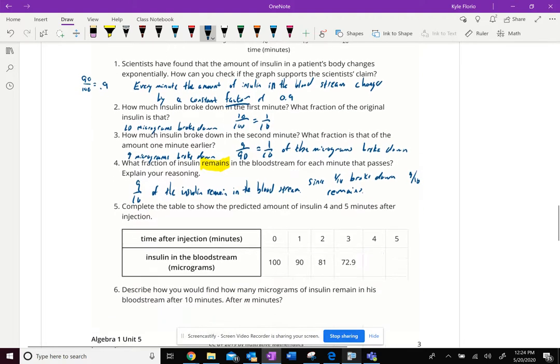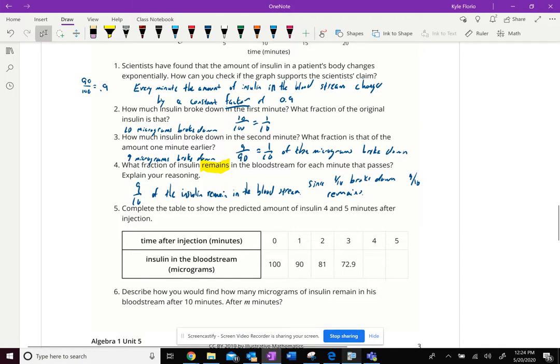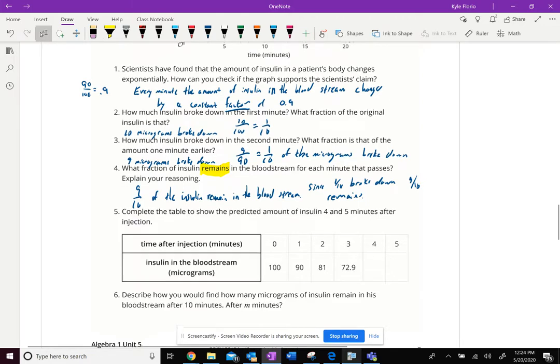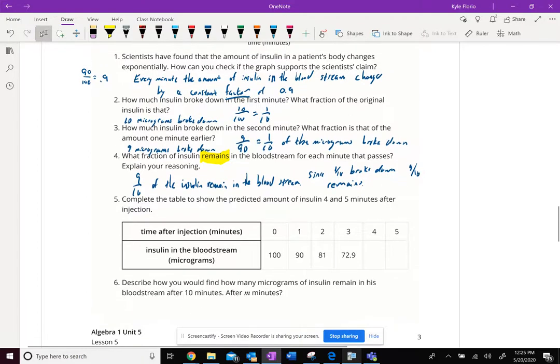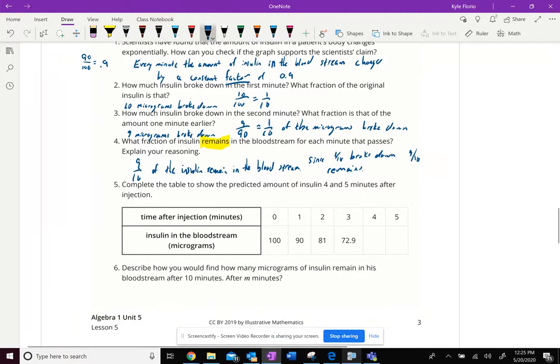Okay. Complete the table to show the predicted amount of insulin 4 and 5 minutes after the injection. Let's just continue the pattern. There were 100 micrograms initially, then a minute later, 90, after 2 minutes 81, and at 3 minutes, 72.9. Remember, we're just multiplying by 0.9 each time.